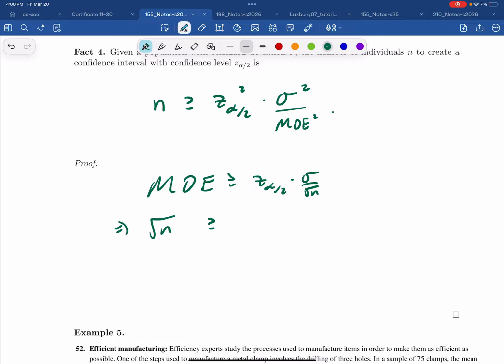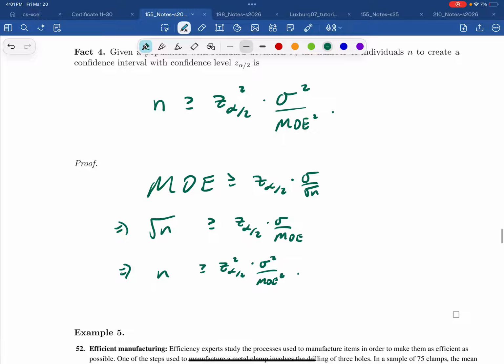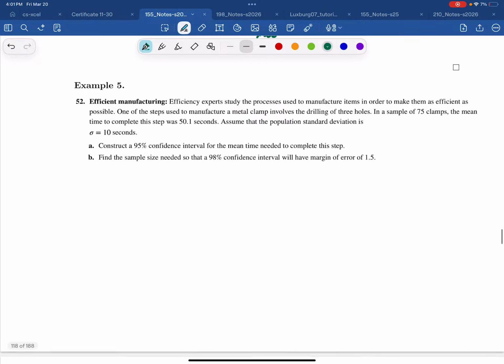Yeah, because root n is, yeah, we're fine. So anyway, we have that, and then that leads to this. And there we go.